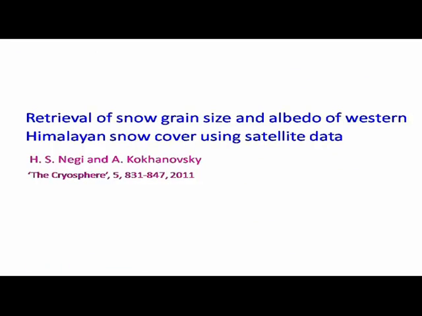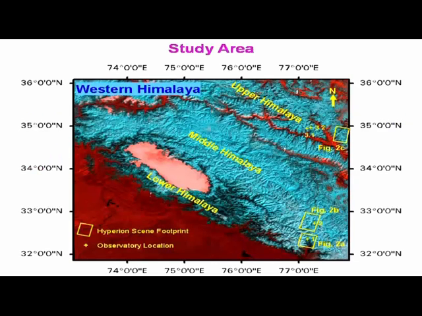So we have done this exercise for the snow grain size estimation and the albedo using the same ART theory, and here I am just showing the case study for that. Here we have a few Hyperion scenes of the lower Himalaya, middle Himalaya, and upper Himalaya.